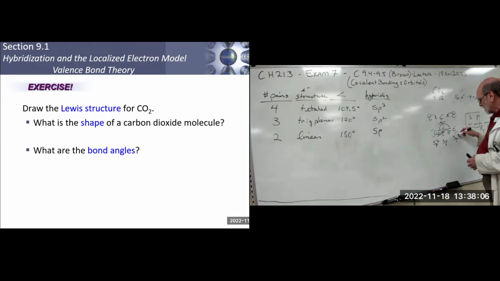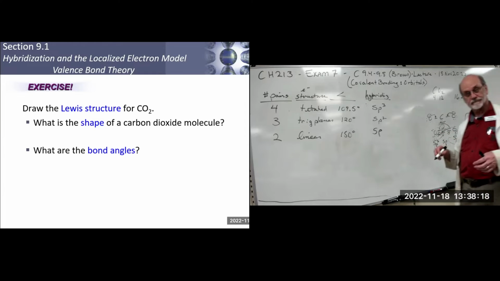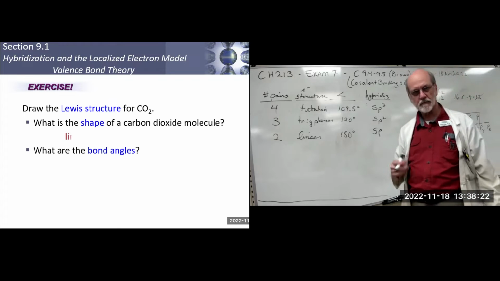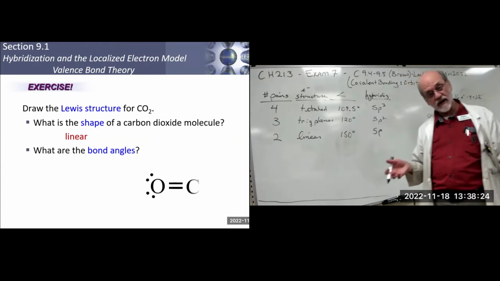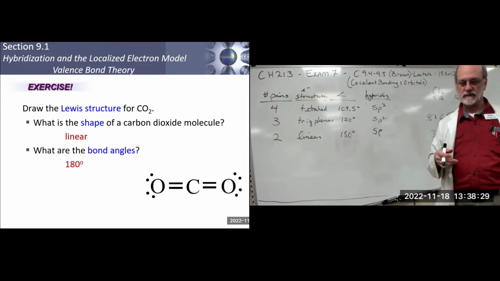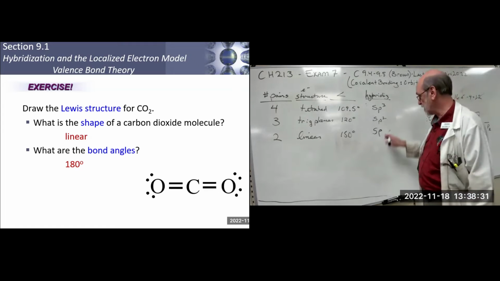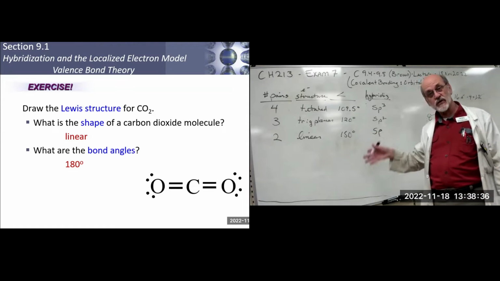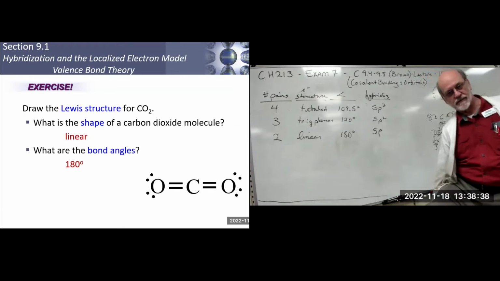And now you have a p orbital here and one there and one here and one there. So this one is used for a double bond on this side, and this one is used for a double bond on this side. Now it's kind of messy, but it's true. So we have a linear molecule, and we have a 180-degree bond angle with sp hybridization on the carbon and sp2 hybridization on the oxygens.